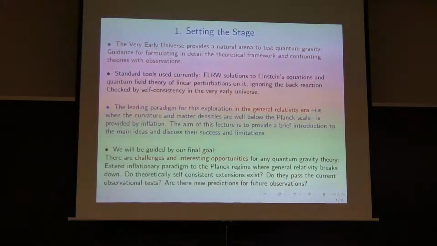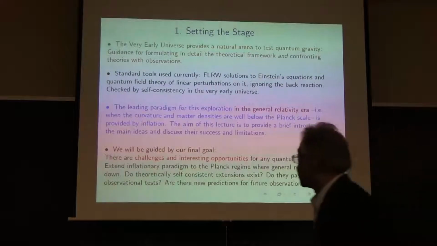Okay, so as I explained in the very first lectures on the early universe, the very early universe provides a natural arena to test quantum gravity. In particular, it provides guidance for formulating in detail the theoretical framework and to compare the theoretical ideas with observations.